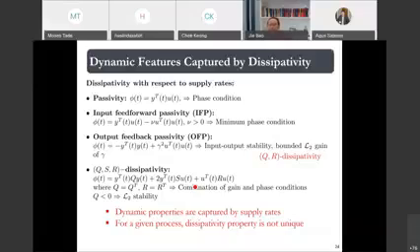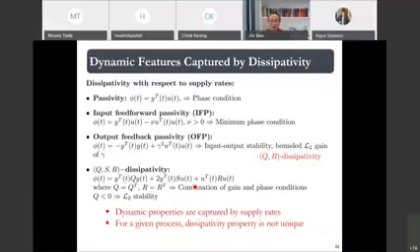But there's one issue, of course. If you look here, we already listed 4 types of different supply rates. Clearly, for a given process, the dissipativity property is not unique. So it basically depends on what you're looking for. If you want to have the gain conditions, you get the output feedback passivity. If you want to see the phase conditions, you look at the passivity condition.